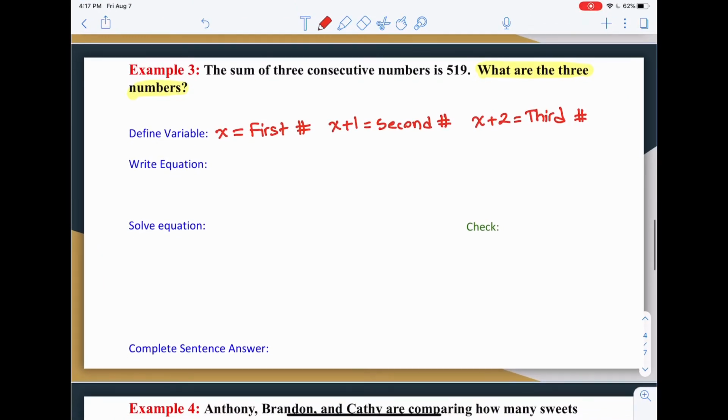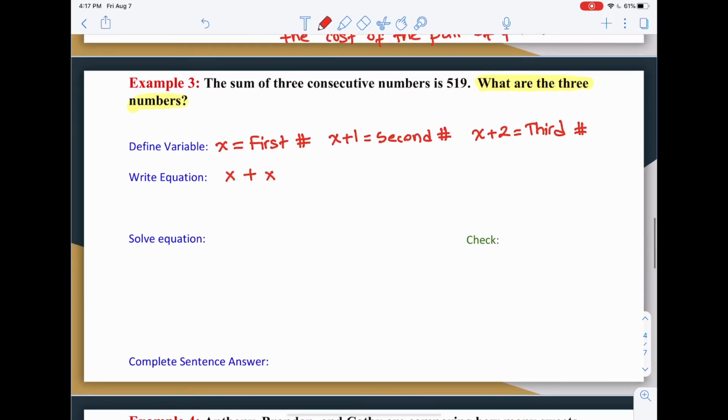Okay. Then I can write the equation since I know the sum of those 3 numbers is 519. x plus 1 plus x plus 2 is equal to 519. So this is our first number, this is our second number, and this is our third number.